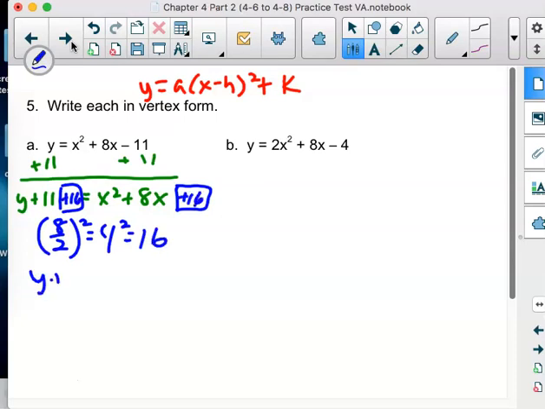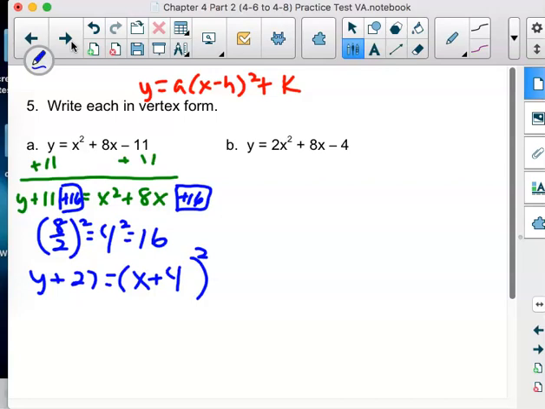So now it's going to say y plus 27 equals something squared. What's the something? x plus 4, yeah. And that almost looks like vertex form. If I could just get this y by itself, then it'll be there.